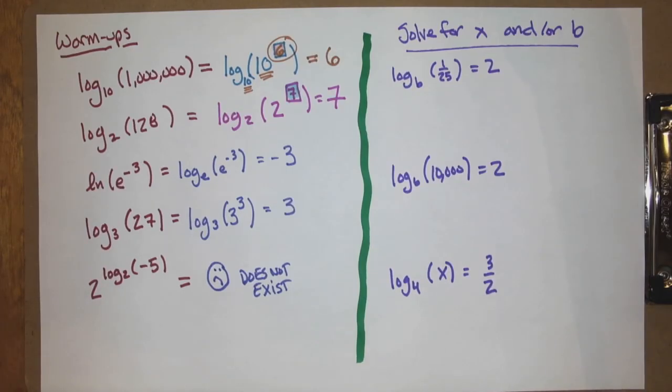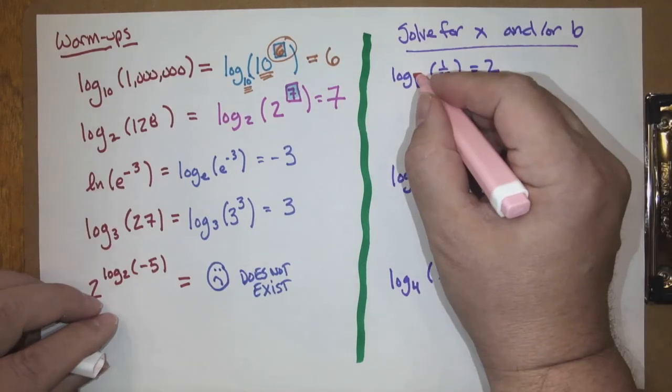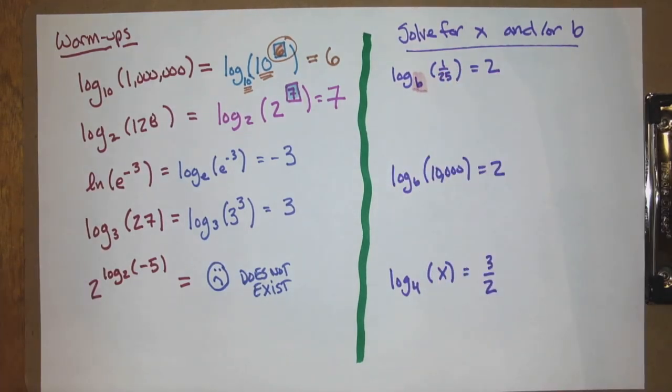Solve for x and/or b. We come over here. Now, the first one, we're trying to figure out our base b. So, how could we do this?